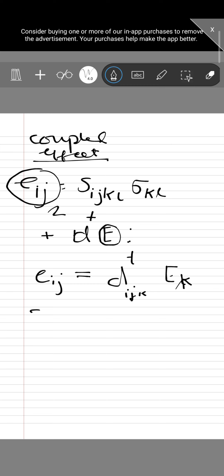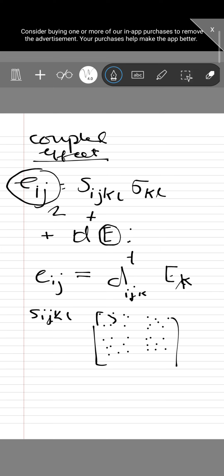So in Sijkl we were having 1, 2, 3, then 1, 2, 3, 1, 2, 3, nine, 27 components.